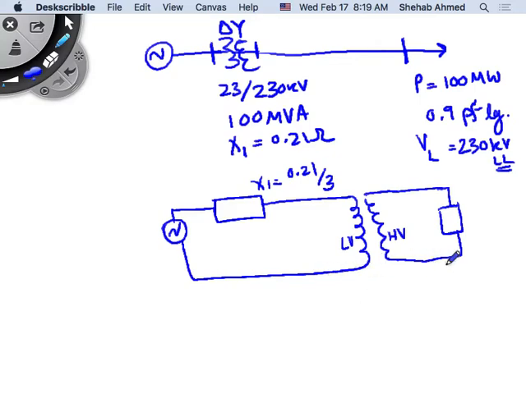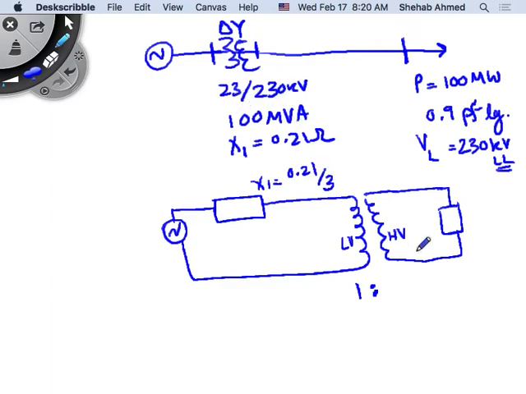So let's look at the turns ratio of this phase shifting transformer, right? What is the turns ratio of this phase shifting transformer? I suggested you use number of turns on the high voltage side. So I can use 230. This is the terminal voltage, not the number of turns, right?